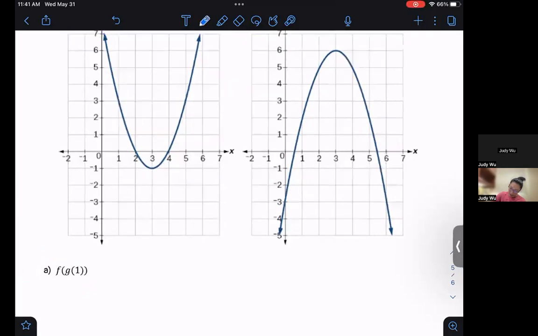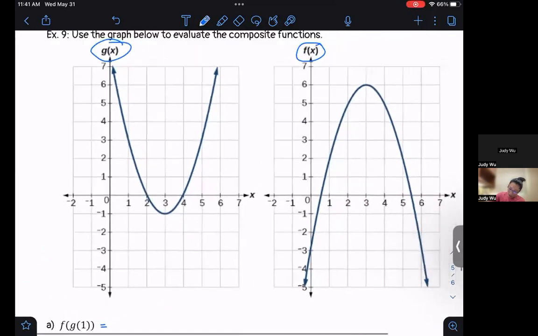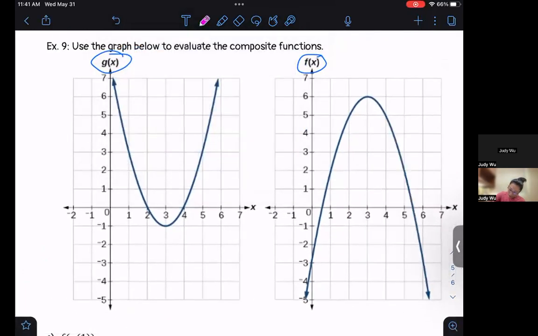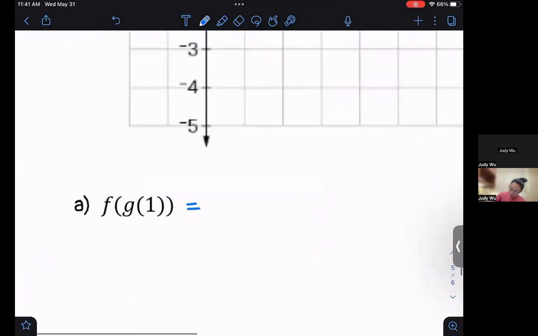That means the first thing I need to do is find on the g graph what g of 1 is. I go to the g graph, and I notice that when x equals 1, the y value is 3. That means that we're really looking for f of 3.